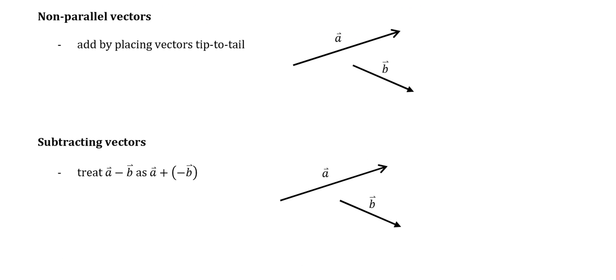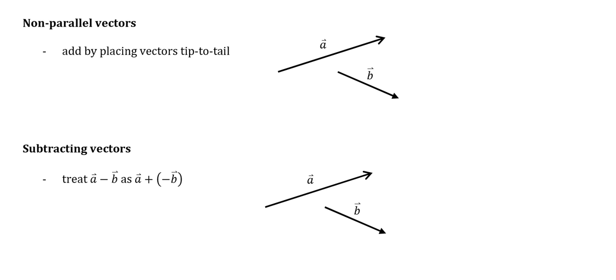What about non-parallel vectors? So we have this thing, and this is important to remember. We add them by placing the vectors tip to tail. So I'm going to redraw these vectors again as best as I can to be similar.